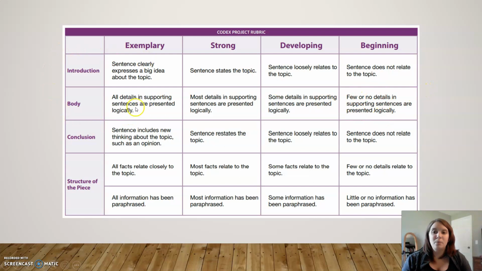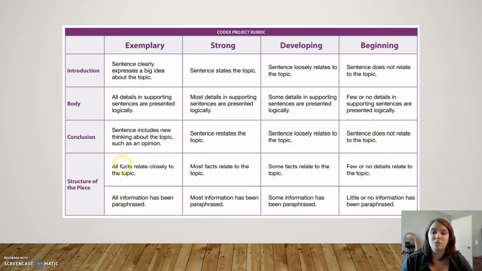So it's important when you pick your topic, you have supporting details and they make sense with what you're stating for your topic. Your conclusion, remember, is kind of like a restate of your introduction, but it's not copying the exact same sentence. It includes new thinking about the topic, such as an opinion. Maybe you want to emphasize something else in your writing. And again, a beginner would be one that doesn't relate anything.